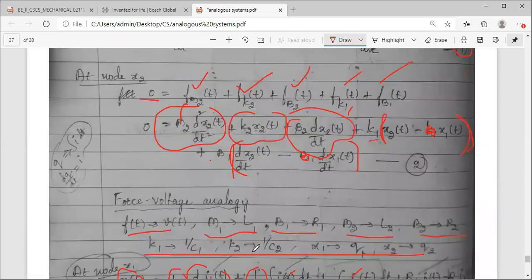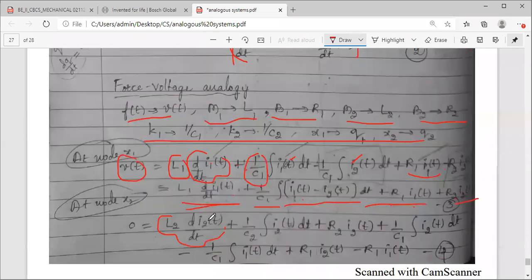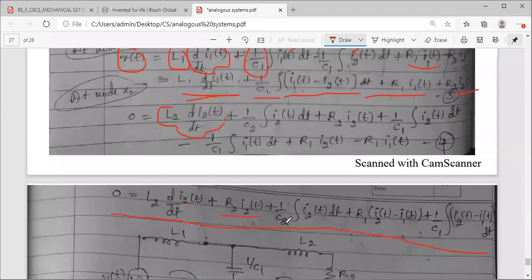Why is it R2? It is B2. I'm talking about this term first, and then I have written for K2. R2 I2 of t plus then I have to go for K2, that is 1 by C2 I2 of t, plus R1, you have two different x2 minus x1, so I2 minus I1, plus 1 by C1, you have I2 minus I1.